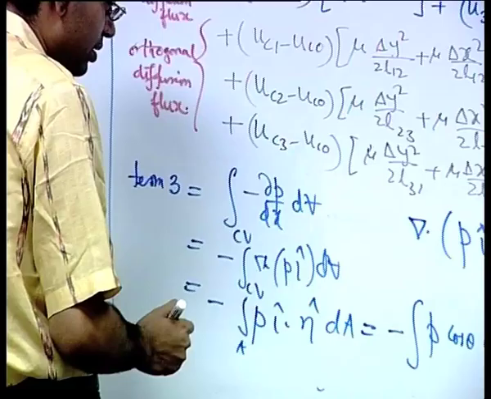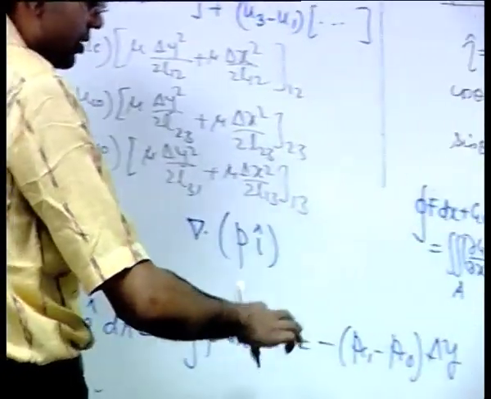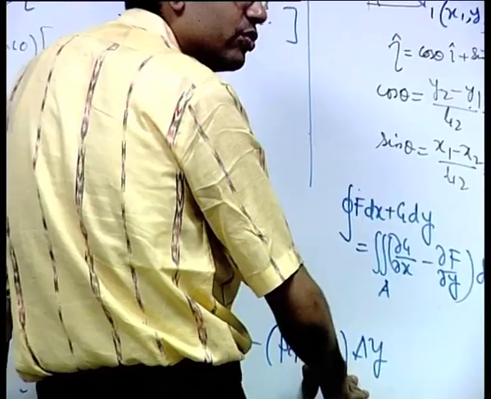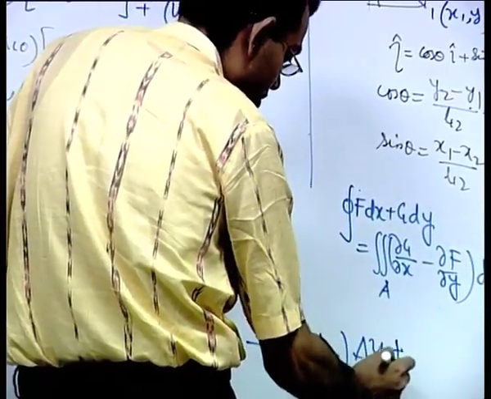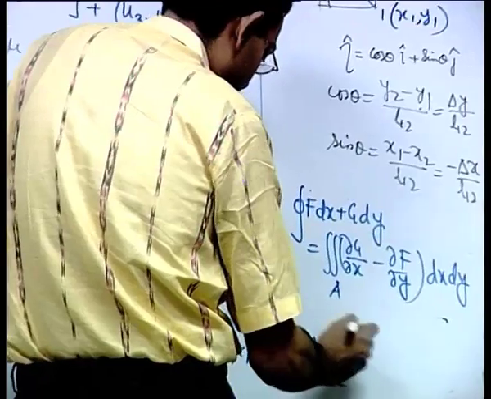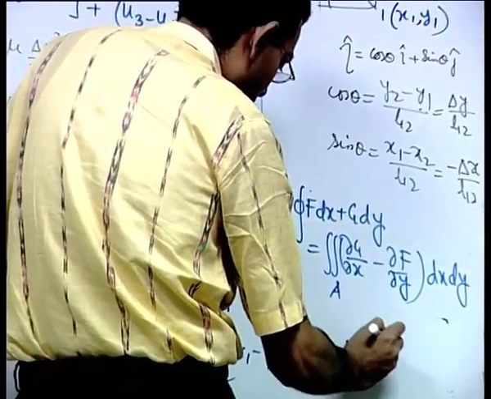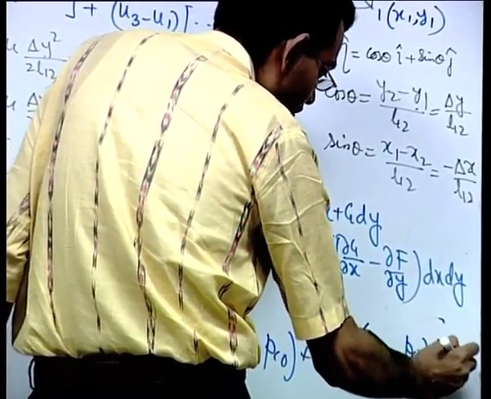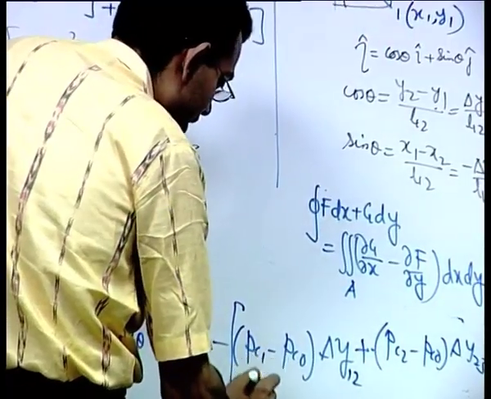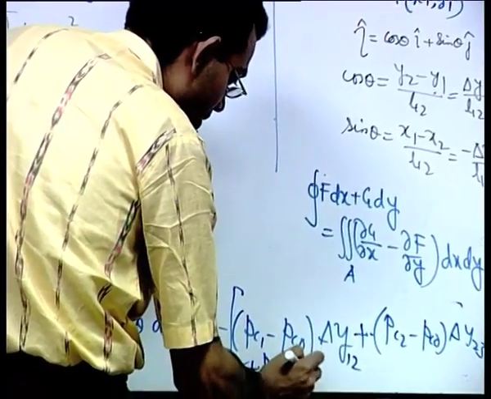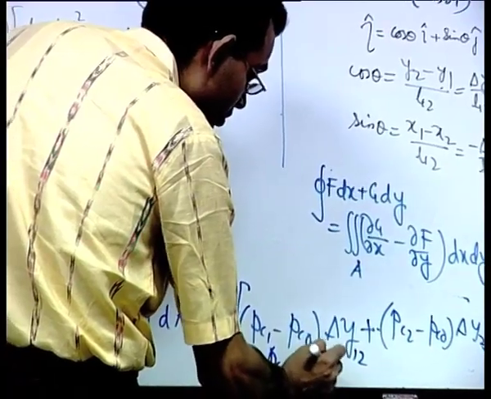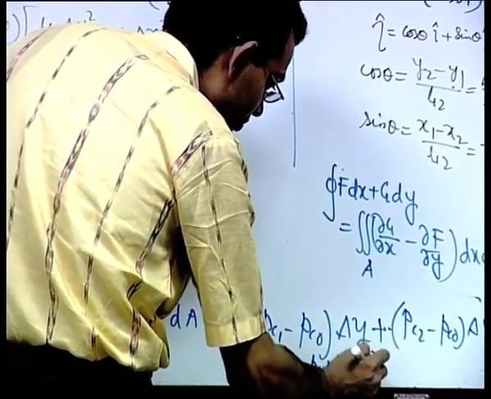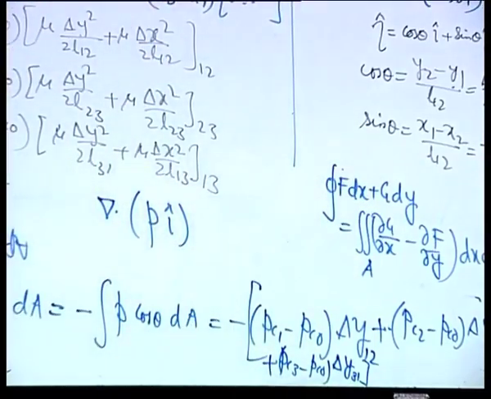This is for edge 1 2. Similarly you have PC2 minus PC0 into delta y 2 3 plus PC3 minus PC0 delta y 3 1. So this is how you discretize the pressure gradient term.